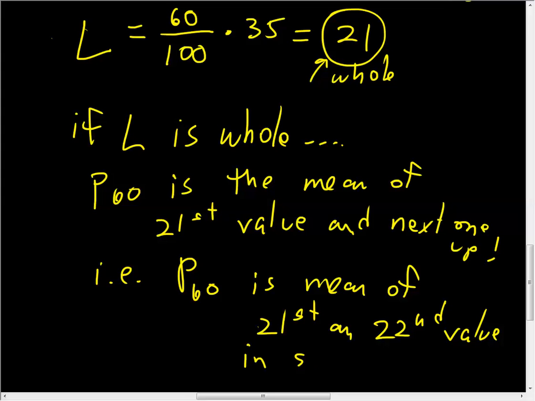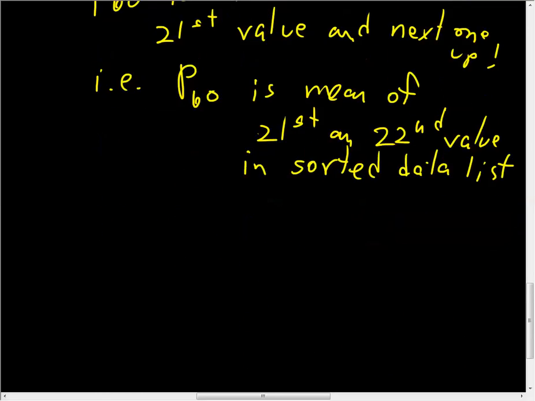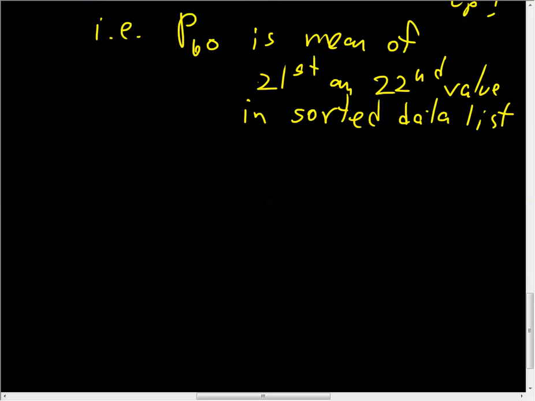If I look on the raw data sheet, the 21st value looks like it's 70, and the 22nd value is 72.